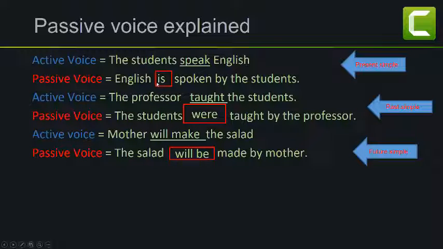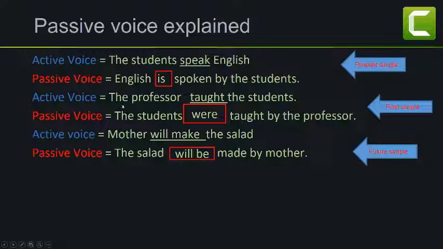English. Then we have the verb to be. As the sentence is in the present simple, we use the present simple form of the verb to be. And the past participle of the main verb speak will be spoken by the students.